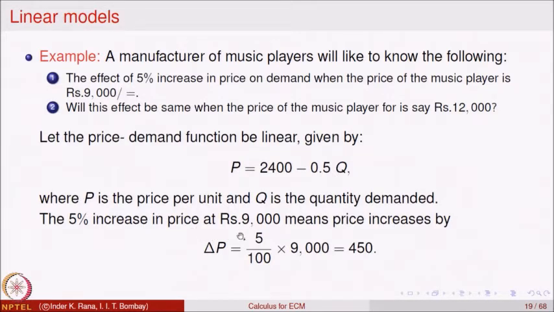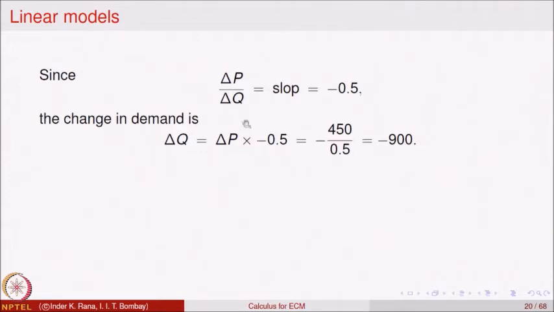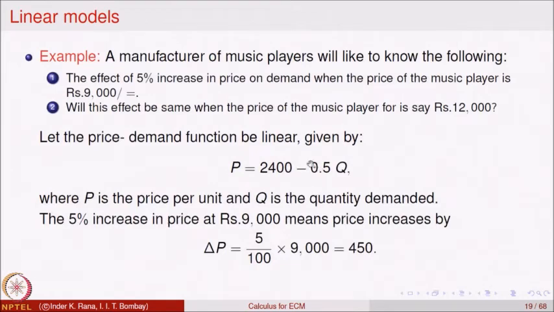The 5% increase in the price when the price is 9,000 means, what will be the increase in the price? 9,000 is at present the price of the music player, 5% of that is 450. So, that is the increase in price, delta P. And also you know delta P by delta Q, y2 minus y1 divided by x2 minus x1, is the slope, and here it is a linear equation with slope as minus 0.5.